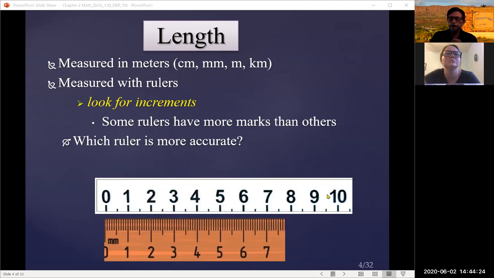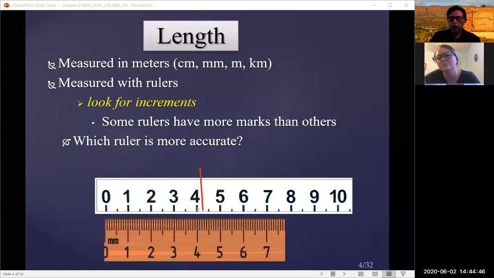Now, if you look at these two rulers, obviously it looks like the top ruler has fewer increments. And so if we needed to, let's say, take a measurement and maybe we needed to mark this spot right there. Okay. Well, we can see with the white ruler, we would say, I don't know, maybe that's 4.3.